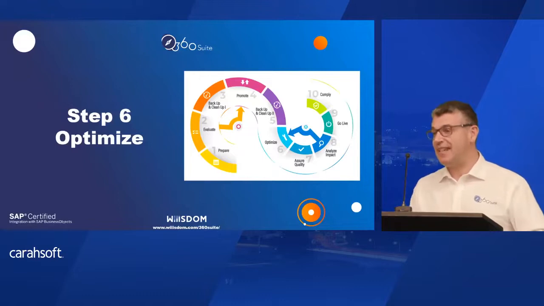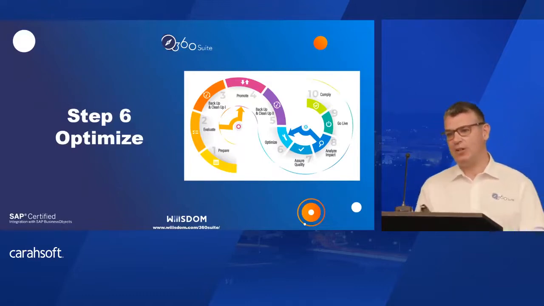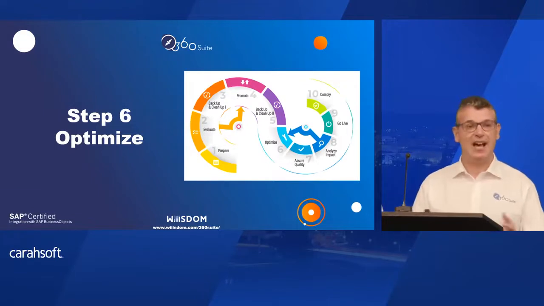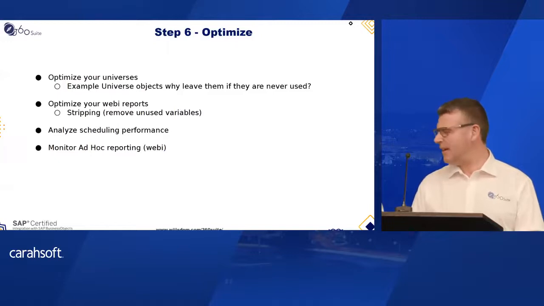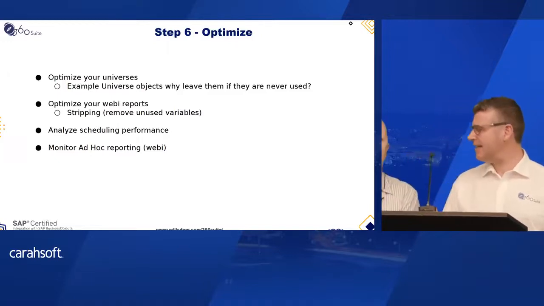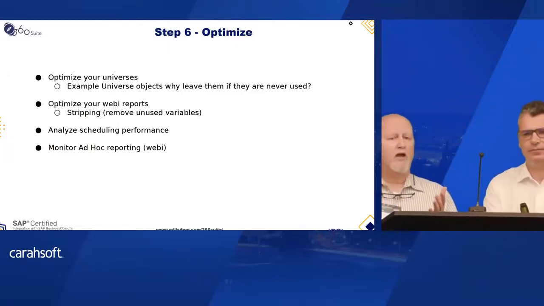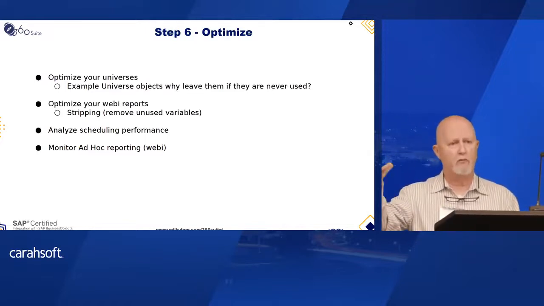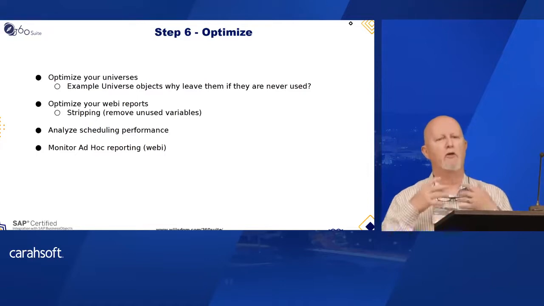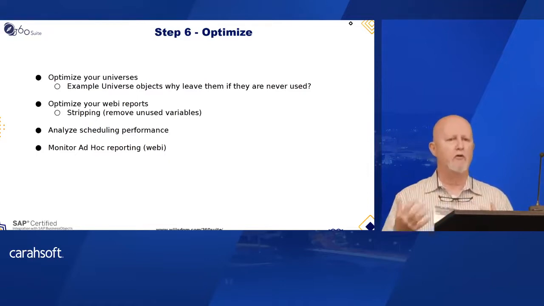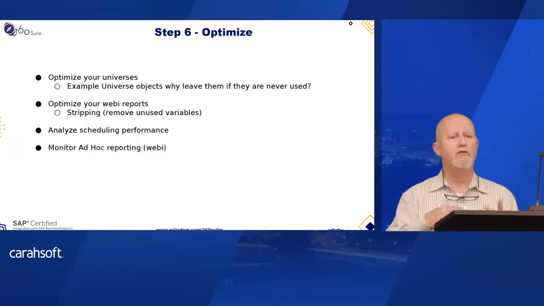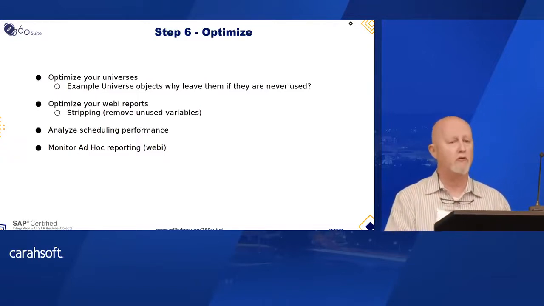So step 6. Earlier we touched a little bit on this topic with Jeff, talking about how Webby documents can be optimized. So tell us about that. What are the best steps for that? Well, we have the ability with 360 Eyes to identify, and we've seen the reports that are not used, but we can go even one step further, and within universes, we can also identify which universes are not used, and within universes, what objects are not used.